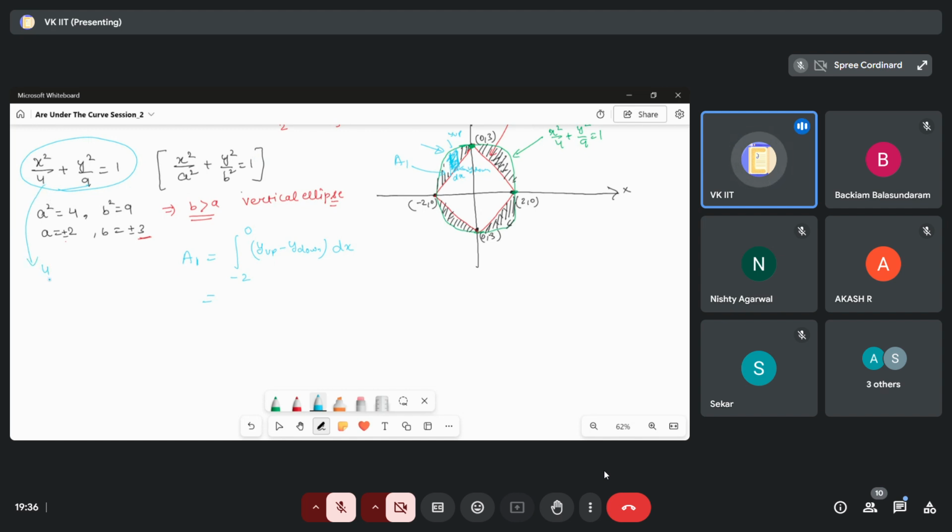When you find out the y value, it will look like 3 times under root of 1 minus x square by 4, plus minus, but we are considering only positive because we have to find the area. Plus minus will also be taken, but for these other parts. So from -2 to 0, it is given as under root of 1 minus x square by 4.